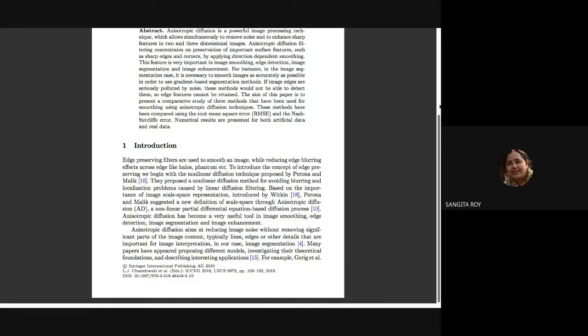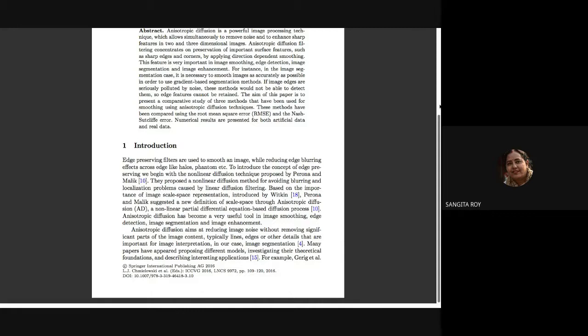Anisotropic diffusion has become a very powerful tool in image smoothing, edge detection, image segmentation, and image enhancement. Anisotropic diffusion aims at reducing image noise without removing significant parts of image contents, typically lines, edges, or other details that are important for image interpretation.